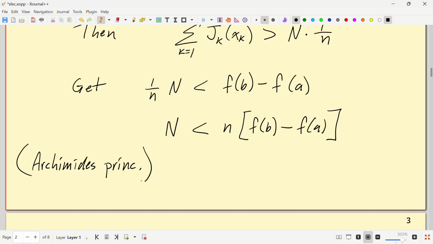And so that shows that the number of jumps of size bigger than 1 over n has to be less than some number. That would be the first integer bigger than that thing, would be the number that's forbidden. So what we see here is that there's only finitely many possible.